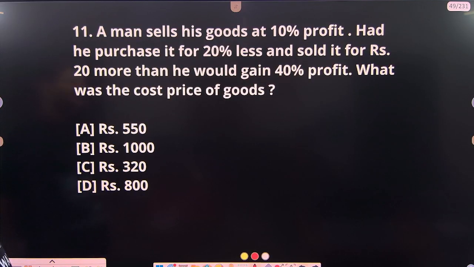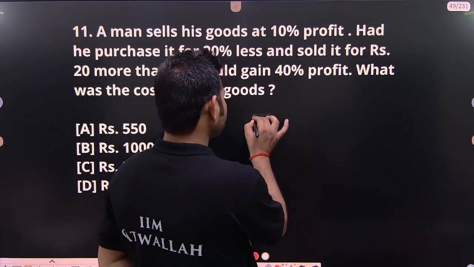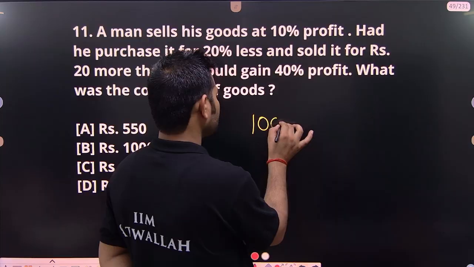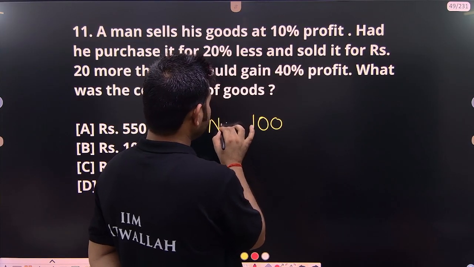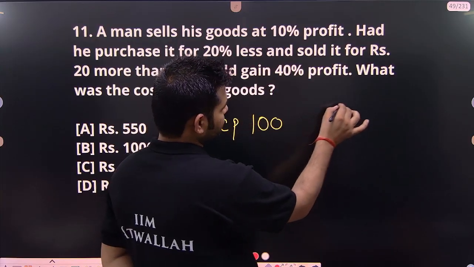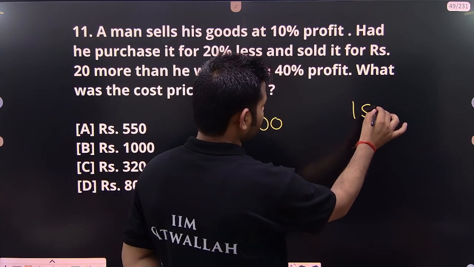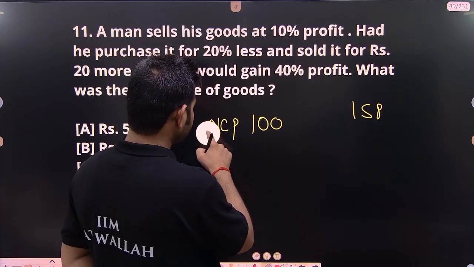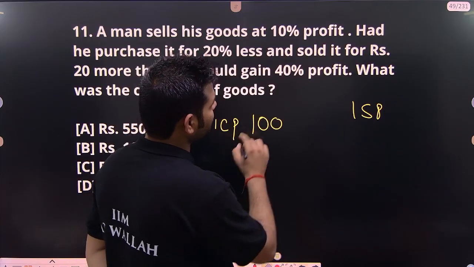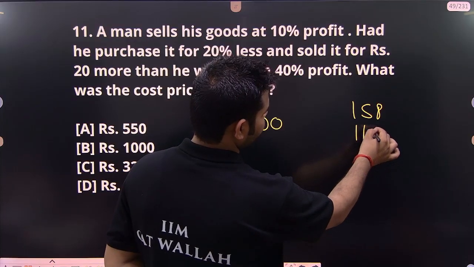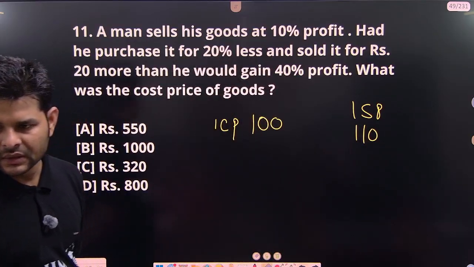A man sells his goods at 10% profit. So that means if the initial CP is 100, the initial SP would be 110. Got it?